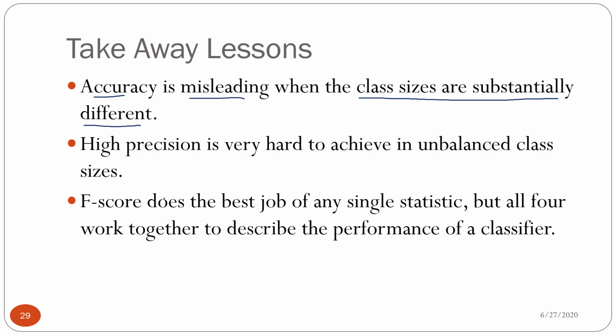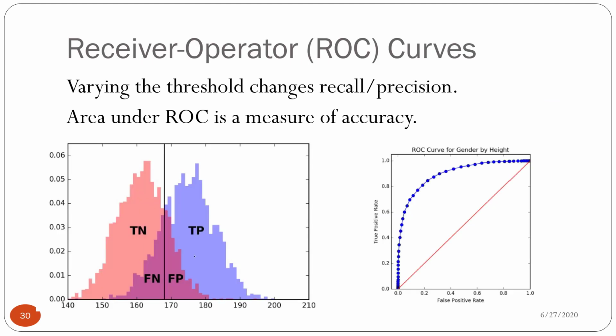And F score does the best job of any single statistic if you have to use one. But as I said, it's always better to have all 4 of those reported in your result, and all 4 together will give a good idea about the performance of the classifier.